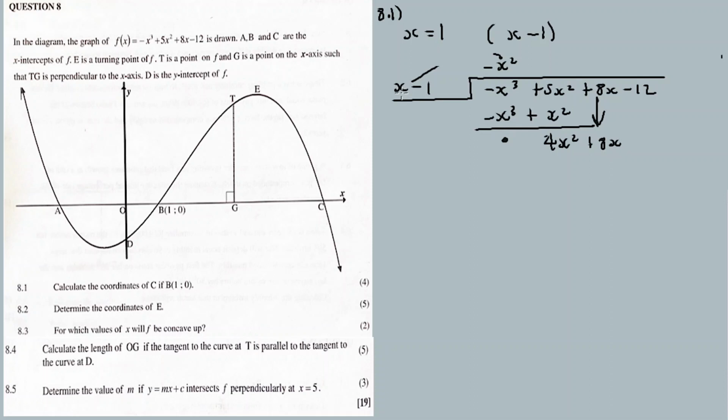Then 4x squared divided by x gives plus 4x. 4x times x gives 4x squared. 4x times minus 1 is minus 4x. This subtract this, what is it? We get plus 12x, right?